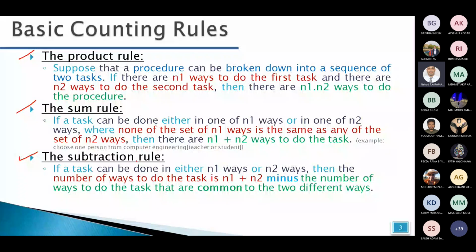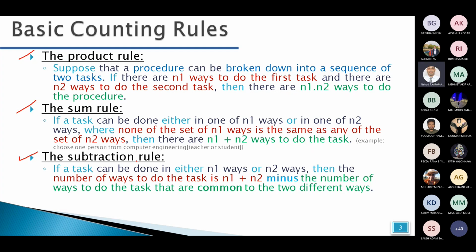Select people from the class, write some letters, give numbers for the chairs in a hall, and so on. You have procedures, something you want to do, and this procedure can be broken into a sequence of 2 tasks or more, maybe 3 tasks, 4 tasks or more.